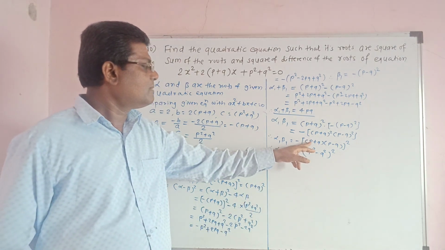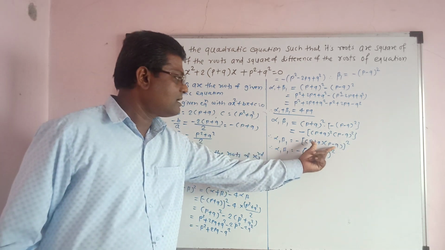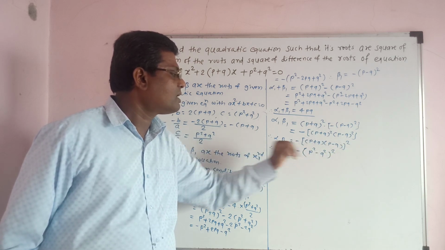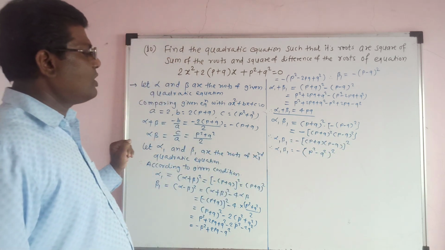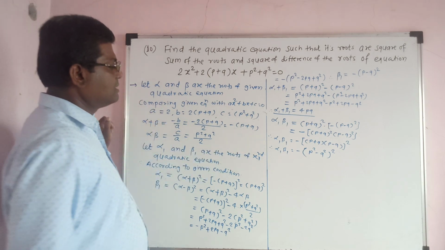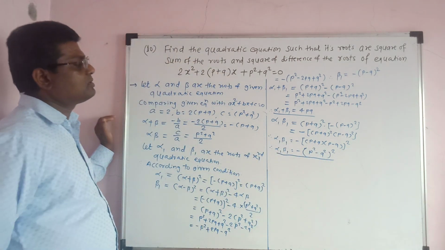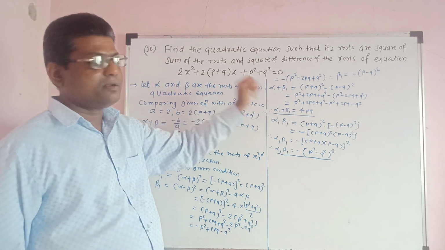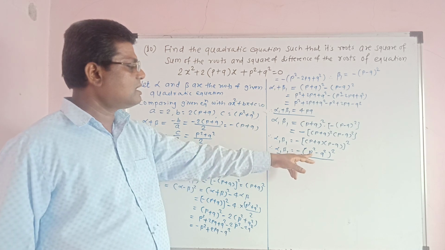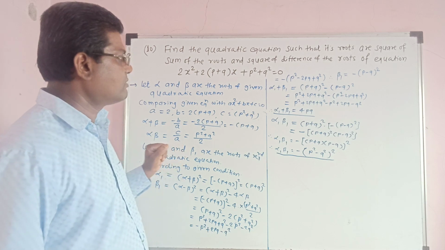This is the value of alpha 1 into beta 1. Thus we got two values: the sum of the roots of the required quadratic equation is 4pq, and the product of roots is minus in bracket p square minus q square bracket square.